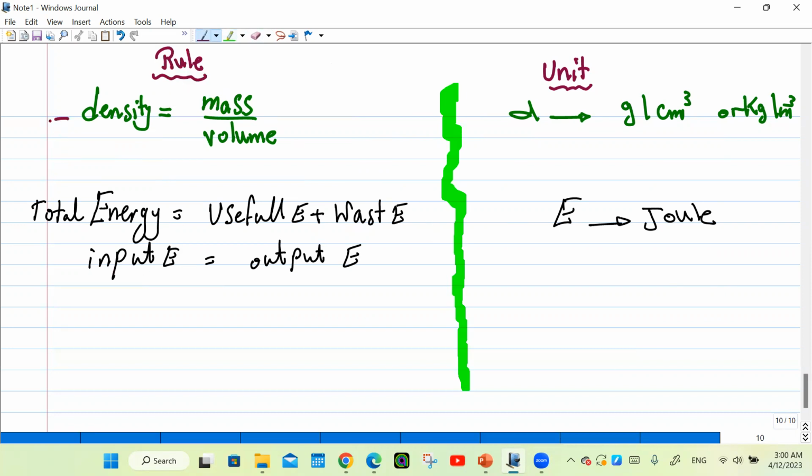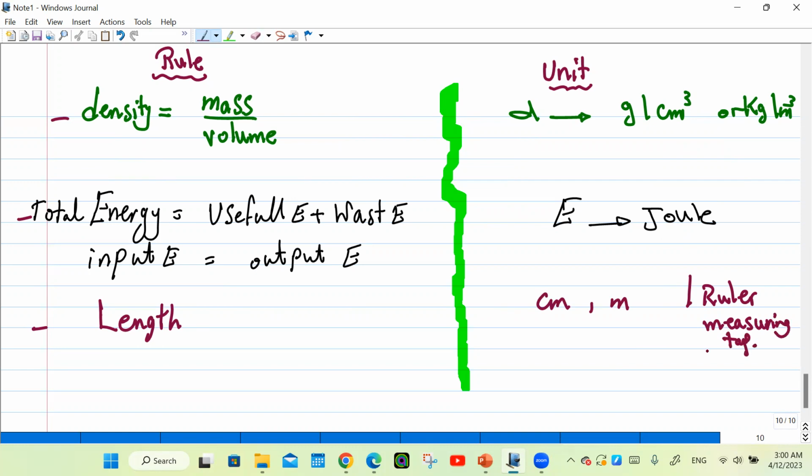We can also collect the units. We can measure the length by centimeter or meter, and you can measure it with a ruler, a measuring tape, or a meter rule. If you have a question asking about the mass, it can be measured in kilogram or gram, using a balance.